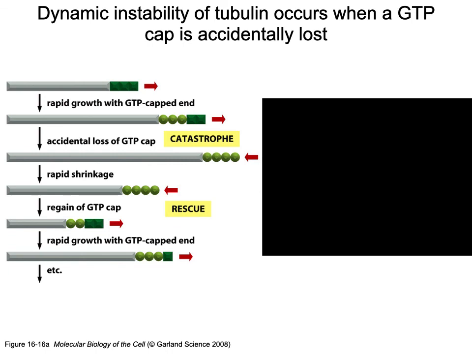Then, in order to rescue this, you have a GTP cap put back on. Towards the left of that GTP cap, we can see some of those GDP subunits. And then this would allow for regrowth to occur.